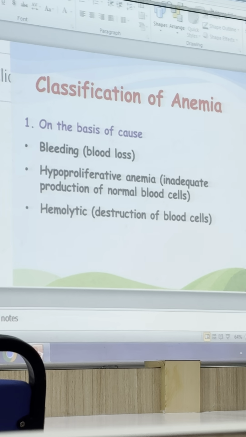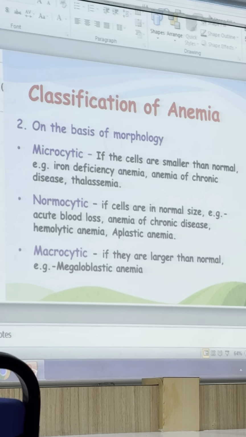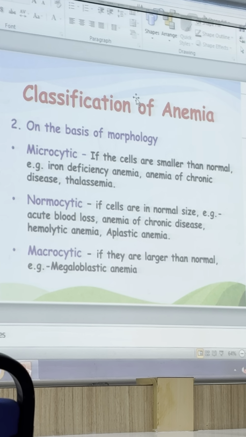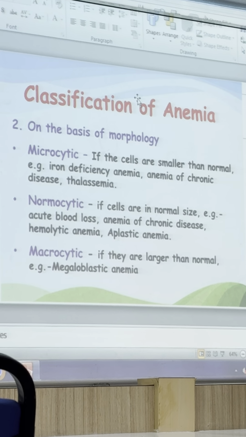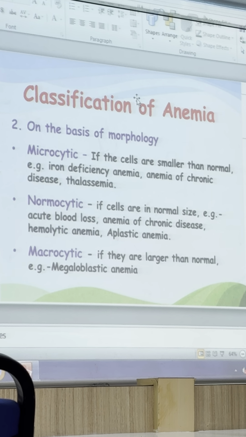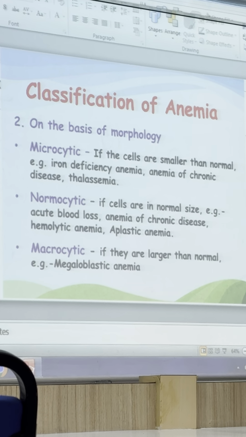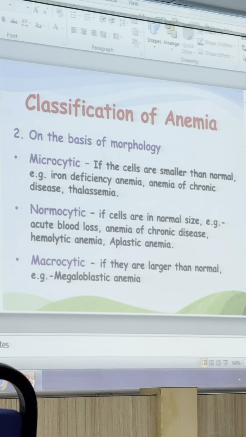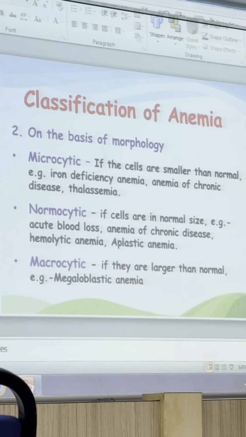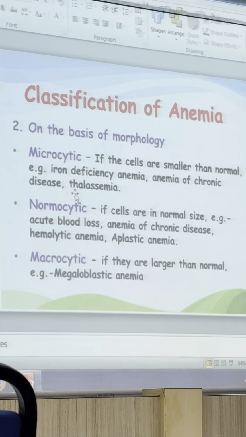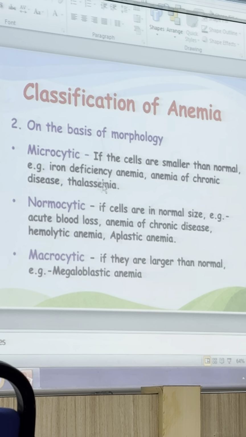And then your morphological classification of anemia: microcytic, normocytic, macrocytic. We need to write just the three names with one example.